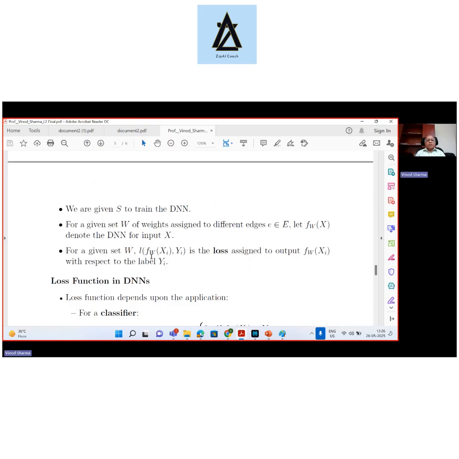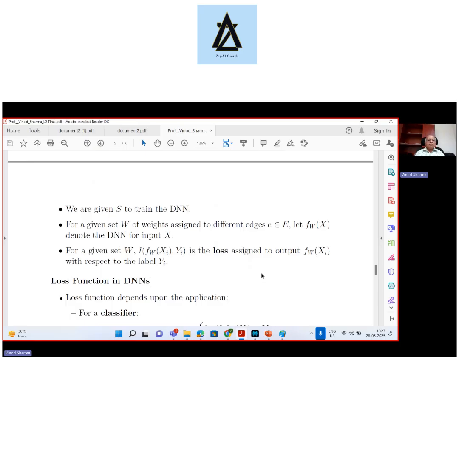We compare them via what we call a loss function, and we obviously want W so that this loss function will be minimized. We have to choose the loss function appropriately so that minimizing it to get W will provide us the appropriate neural network, which will do a good job for our application.